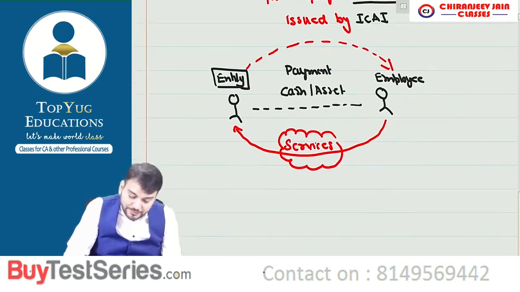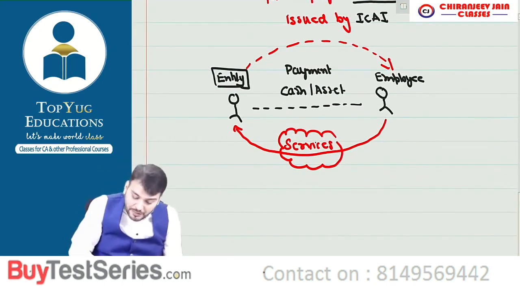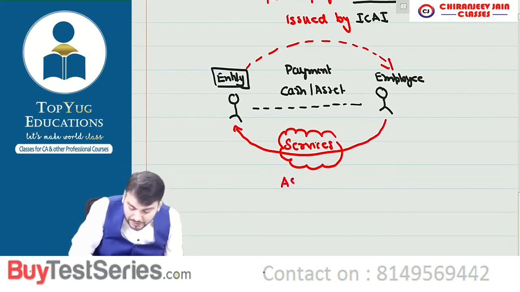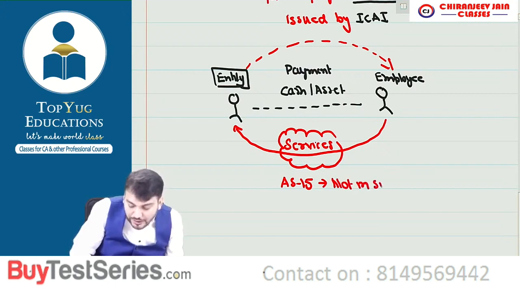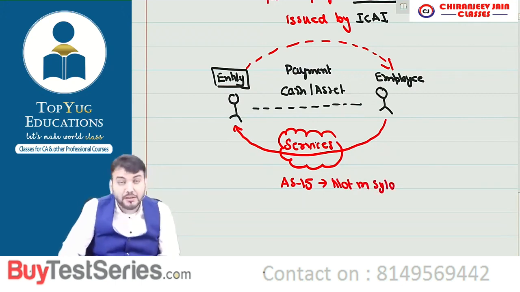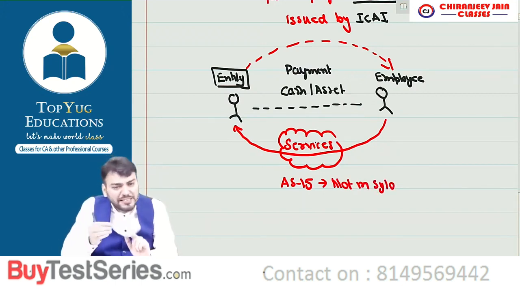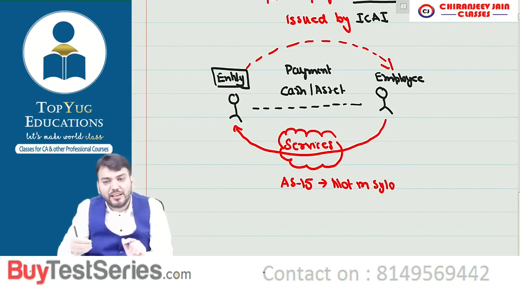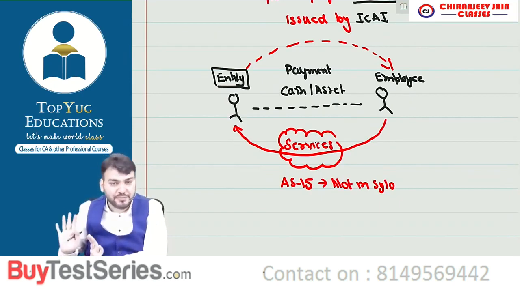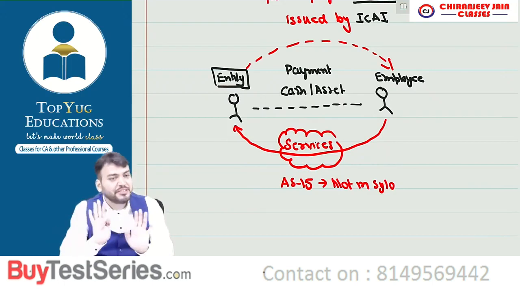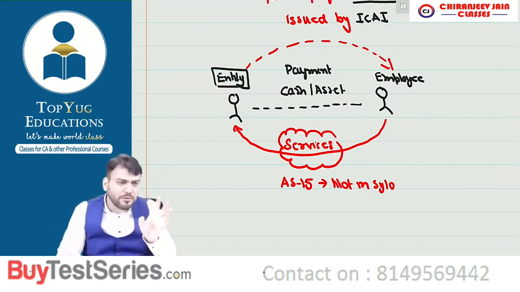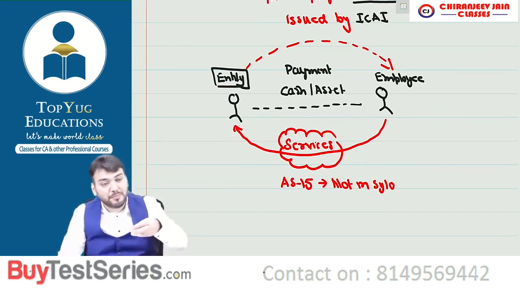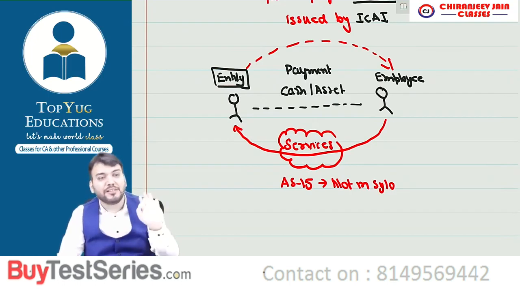This transaction is covered in Accounting Standard 15 and is not in our syllabus. Of course it is a very simple transaction: the journal entry is salary account debit to cash, and this journal entry will pass. We know the accounting treatment, but this is based on AS 15 which is not in our syllabus.